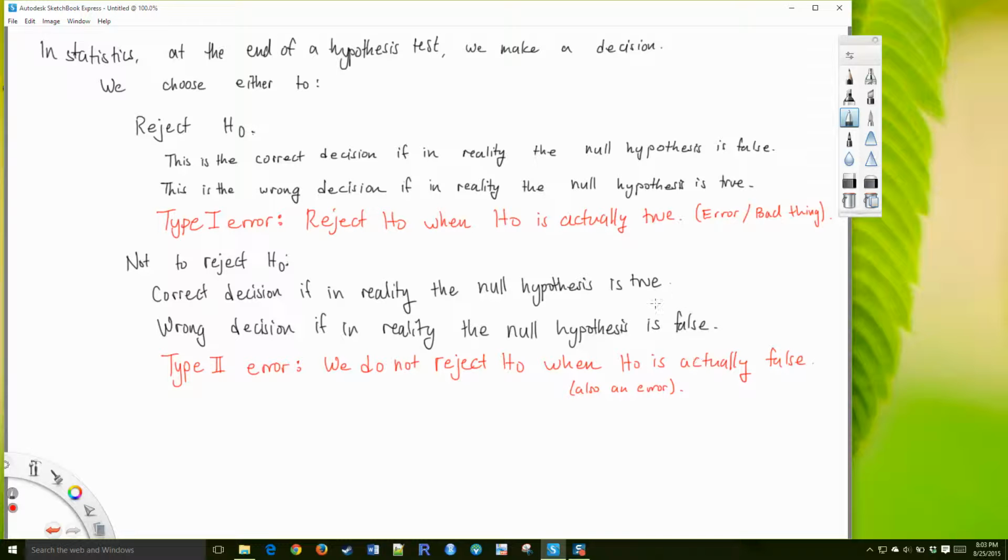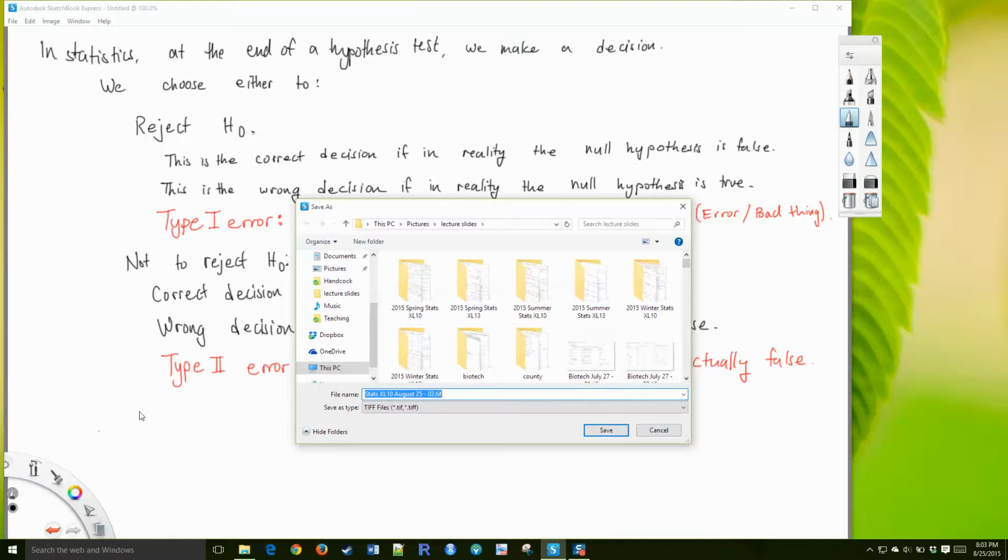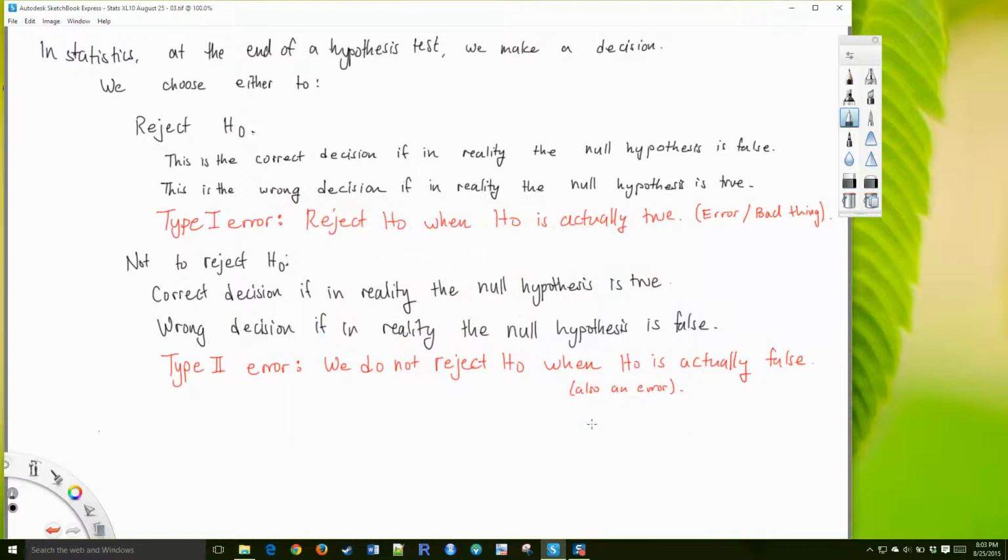So these are the two types of errors, and we don't want to make either of them, but it's unavoidable at some point. Most of the time, according to statistics, we should be making the correct decision most of the time.